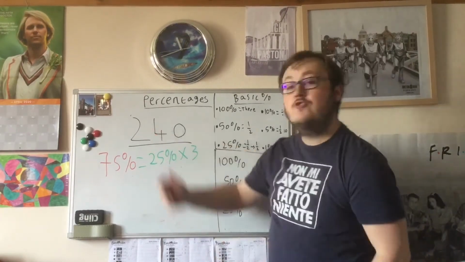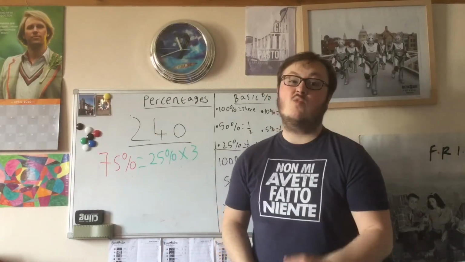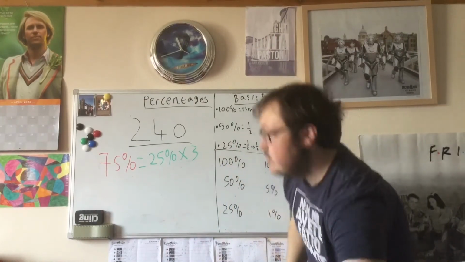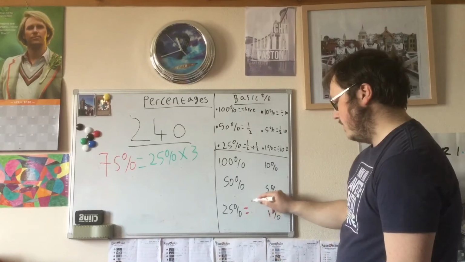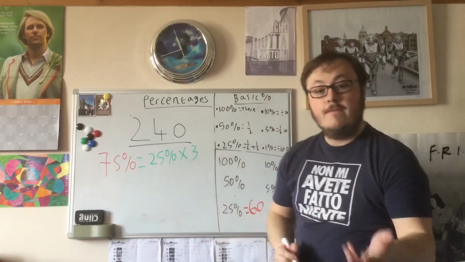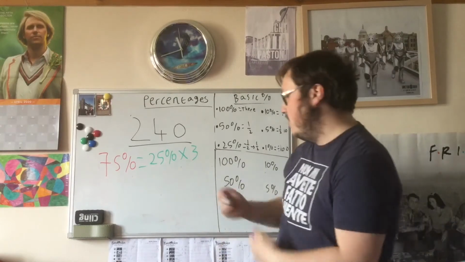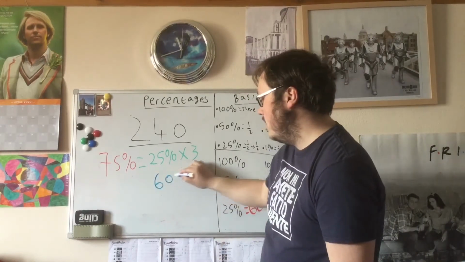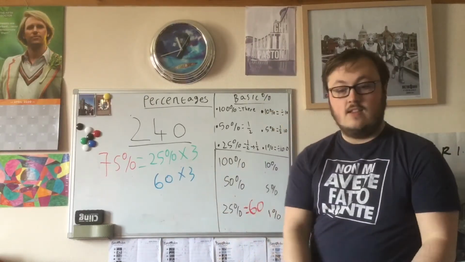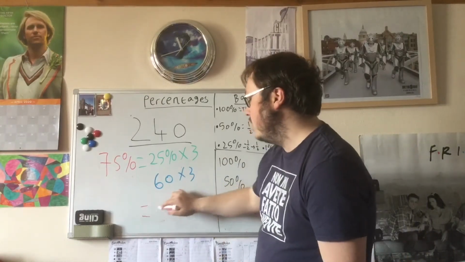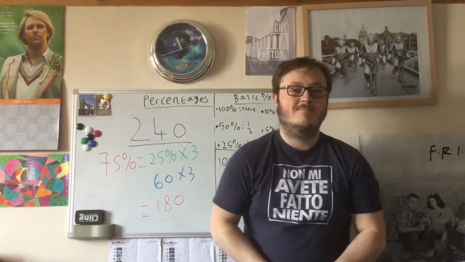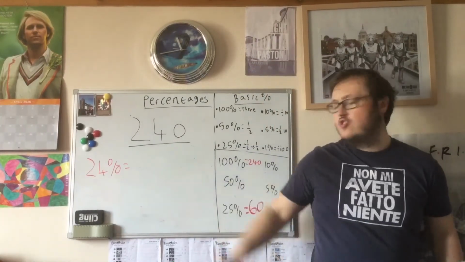Well, you halve 240, which is 120, and then you halve it again, which gets us 60. So now that we found that, we can do this problem. We do 60 times by 3. And 60 times by 3 will get us 180.